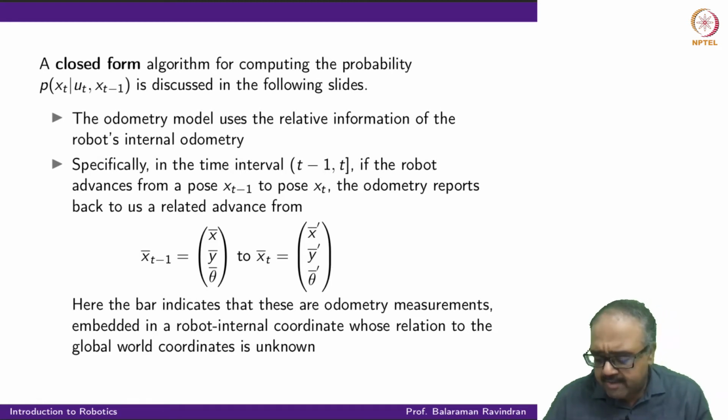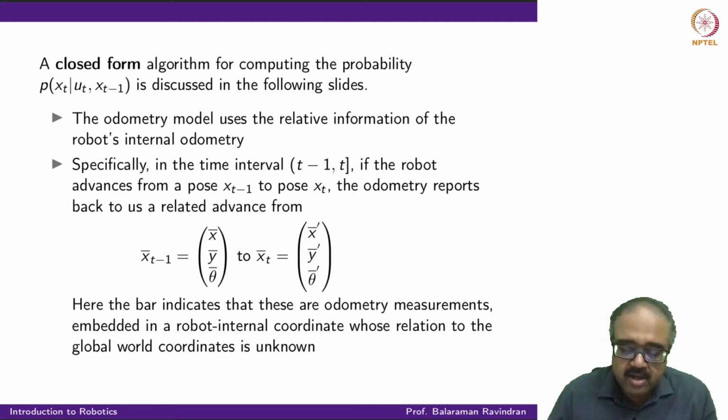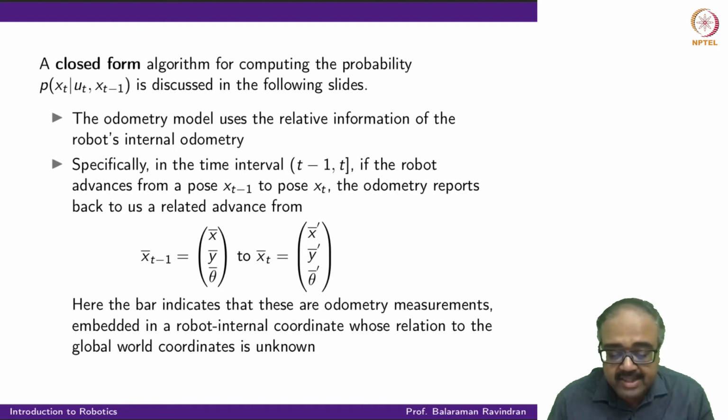One of the main reasons why this odometry information is useful, even if I am not able to do a correct correspondence between x bar, y bar, theta bar and x, y, theta, is that the change I observe in the estimate from x bar_{t-1} to x bar_t is similar or very close to the change that actually happened between x_{t-1} and x_t.